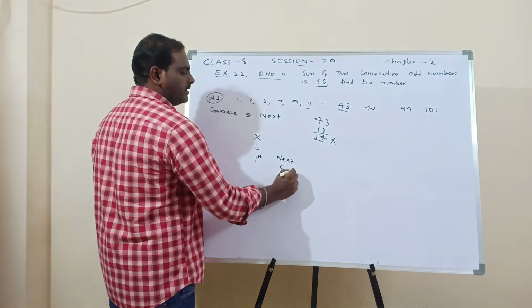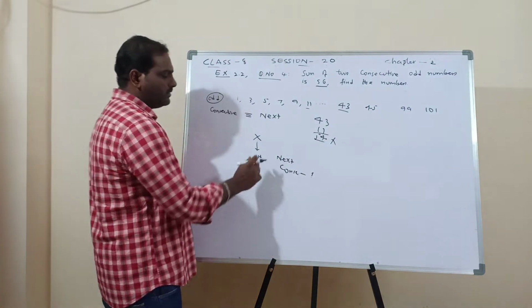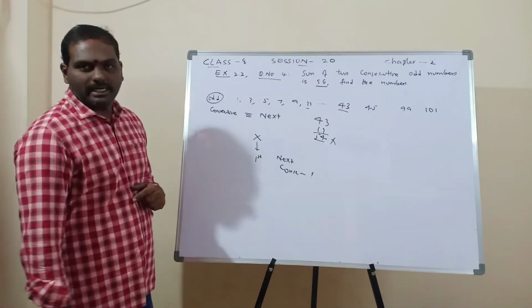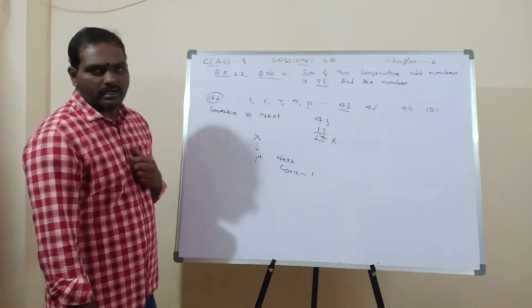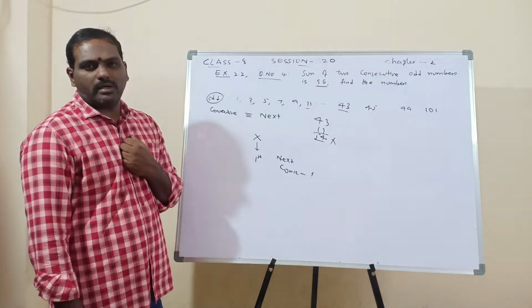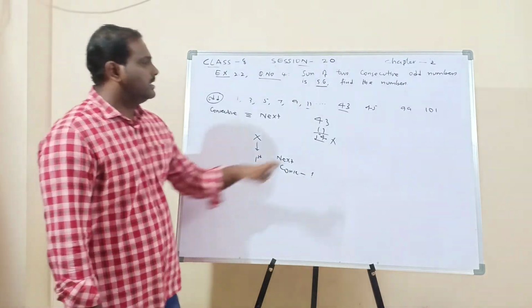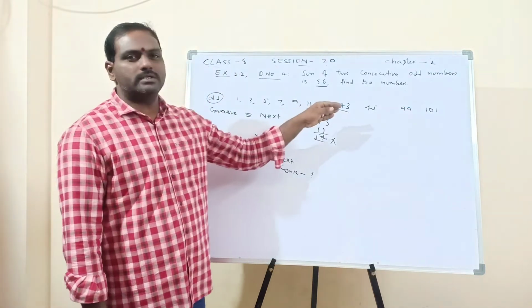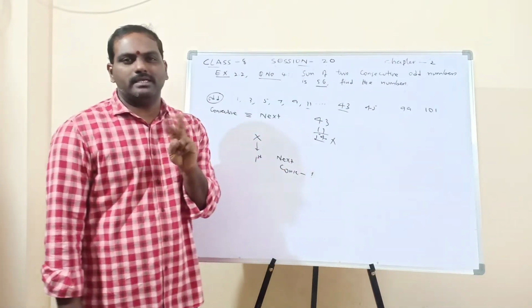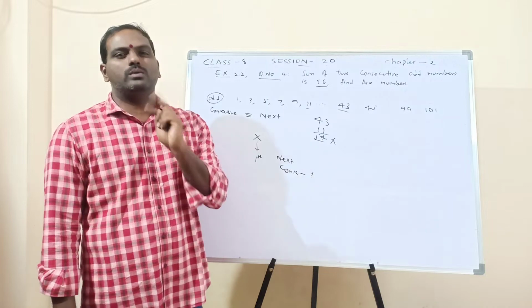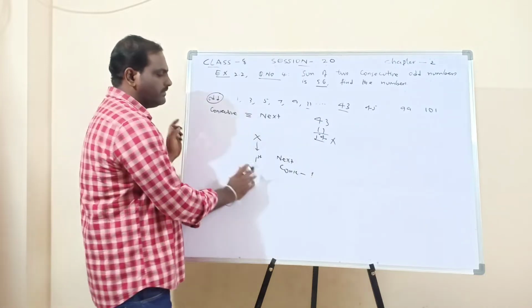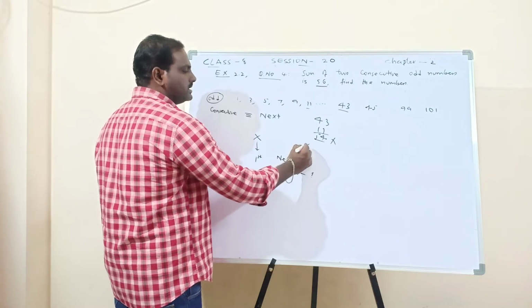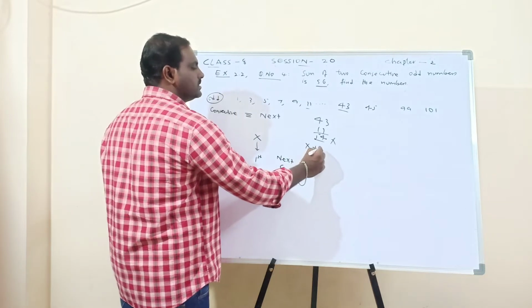If 9 is the first odd number, its consecutive odd number is 11. If 43 is the first, its consecutive odd number is 45. The difference is 2. So if x is the first odd number, the next consecutive odd number will be x plus 2. That's all.